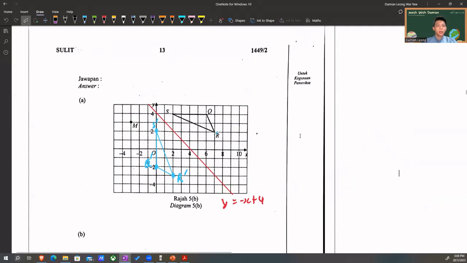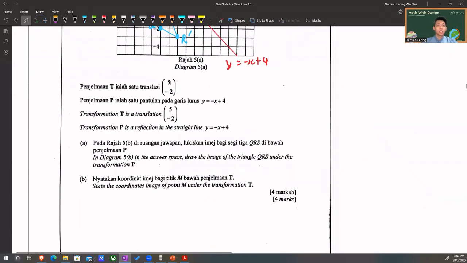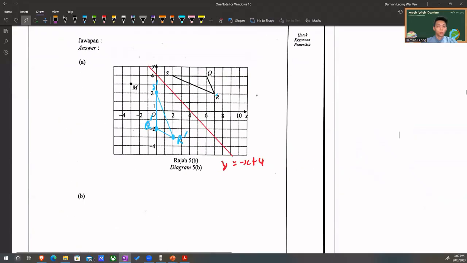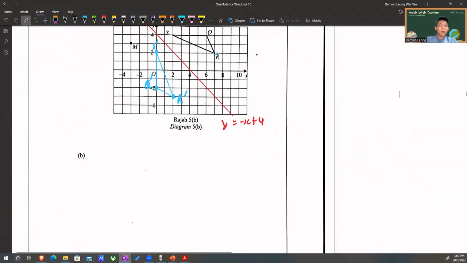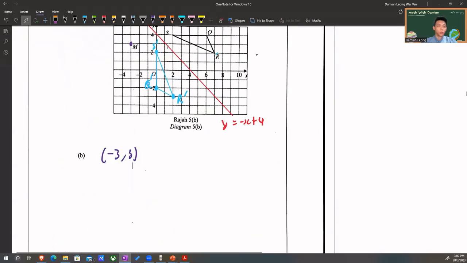And then part B, state the coordinates of M under transformation T. Transformation T is just 5, -2. So M is here, which starts from -3, 3. So I go through transformation 5, -2. Actually, very simple. I just plus 5 here and minus 2 here.